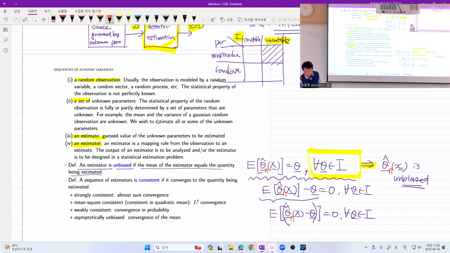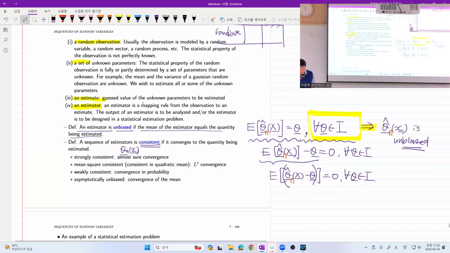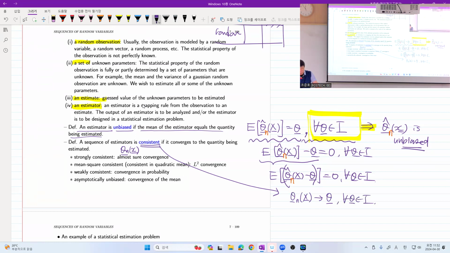But here, the sequence of estimators theta sub n of x is consistent. What does that mean? This is stronger in the sense that you may talk about it using something like this: converges to theta for all theta in the index set.